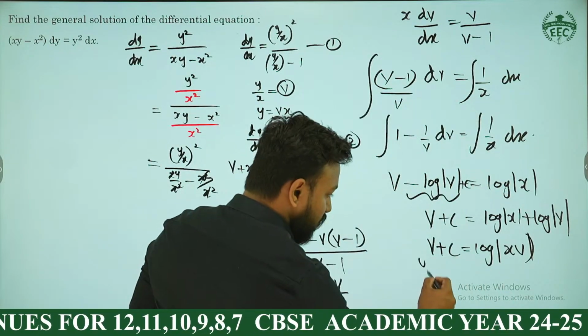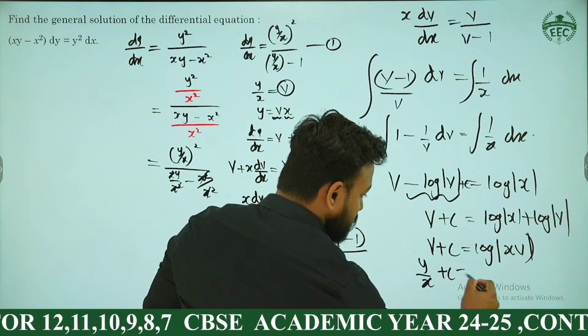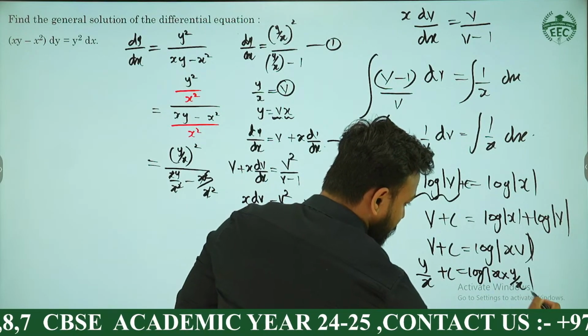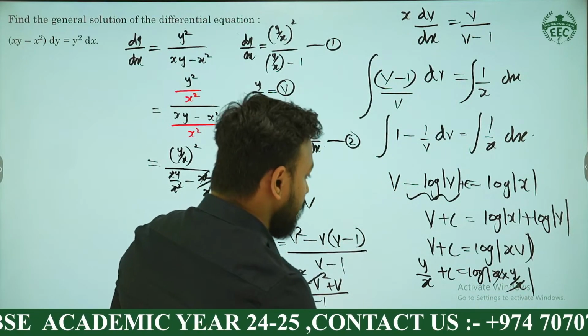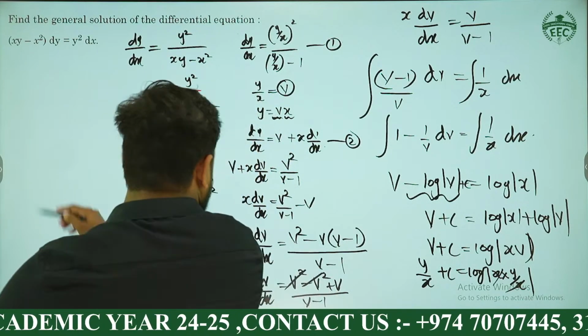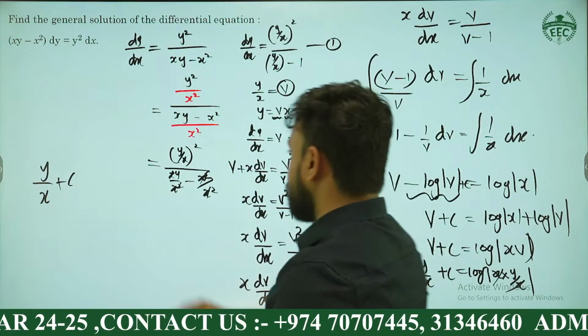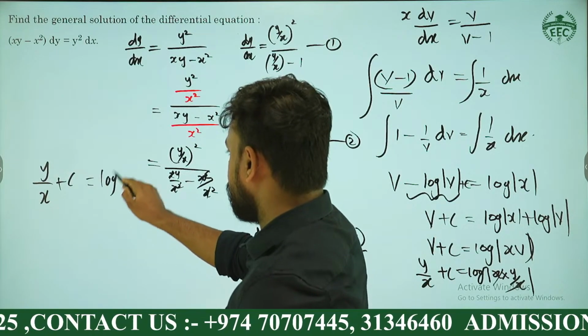Then you will get y by x plus c is equal to log x into y by x. Then this x and x will be cancelled off, and the final answer will be y by x plus c is equal to log mod y.